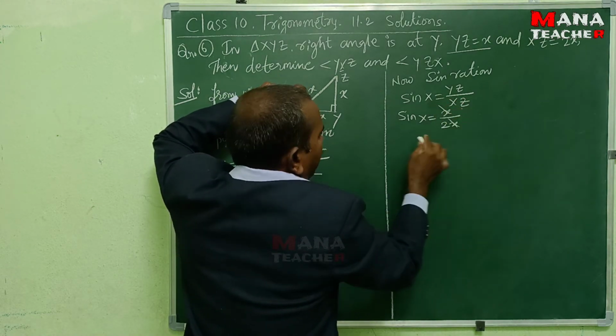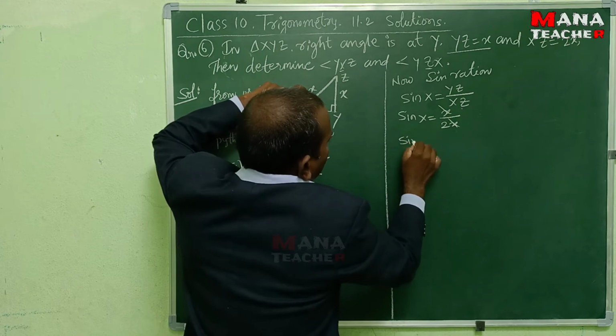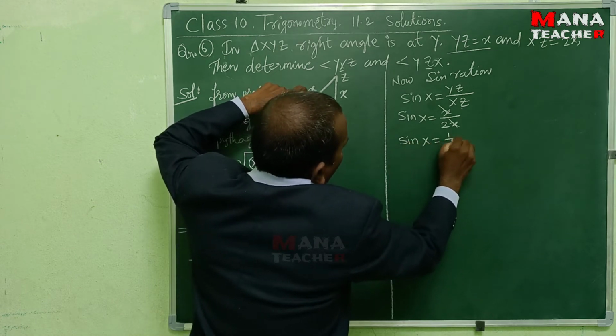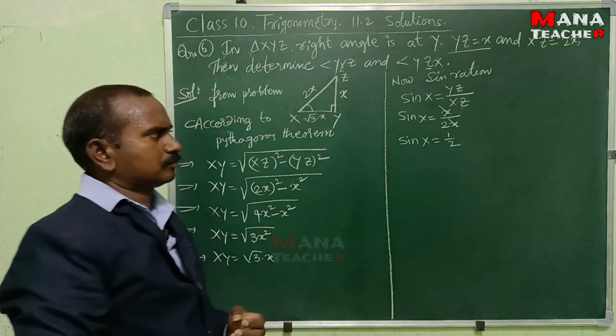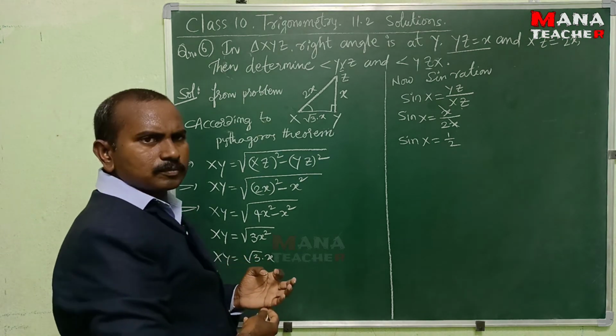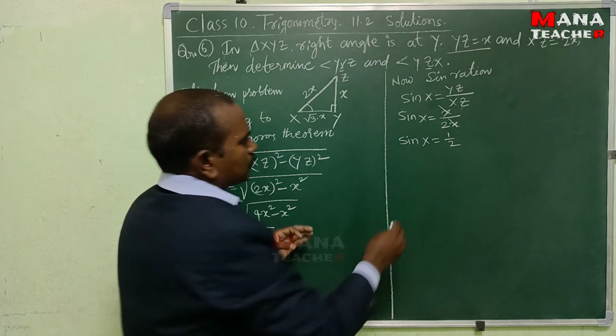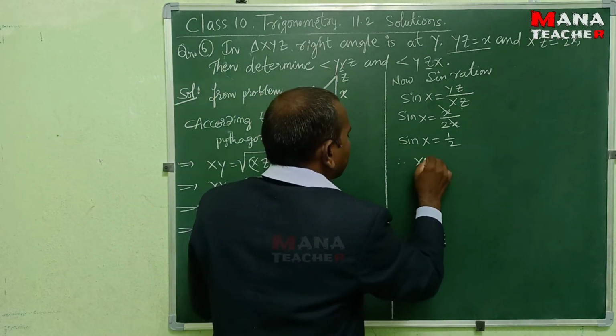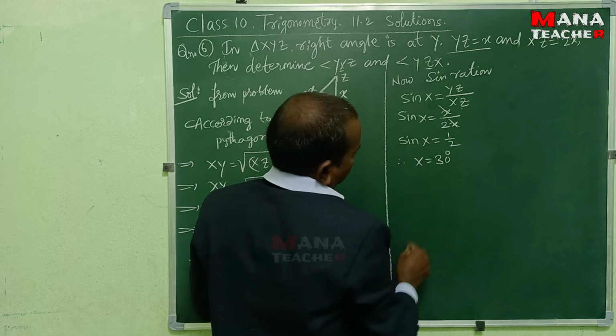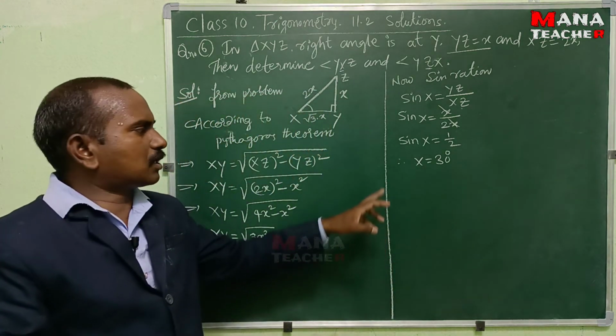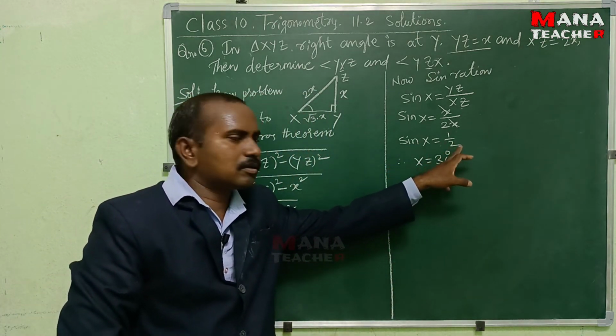X will be cancelled. Sin x equals 1 by 2. So what is the value of x? For which angle will the sine ratio be 1 by 2? Therefore x equals 30 degrees.